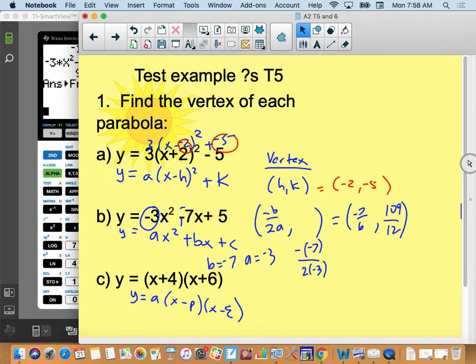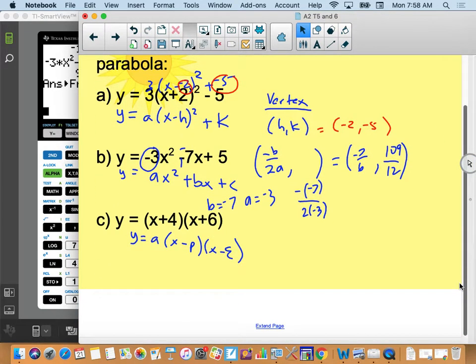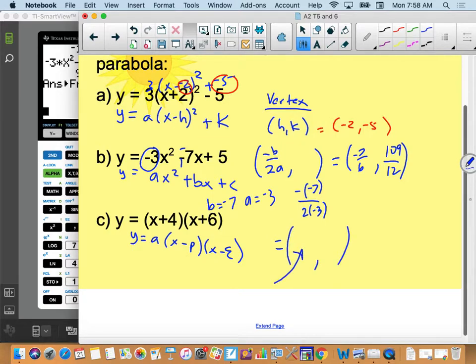And for part C, when it's in intercept form, we're referring to the x and y intercepts. So the x-coordinate of the vertex is going to be the average of the x-intercepts.